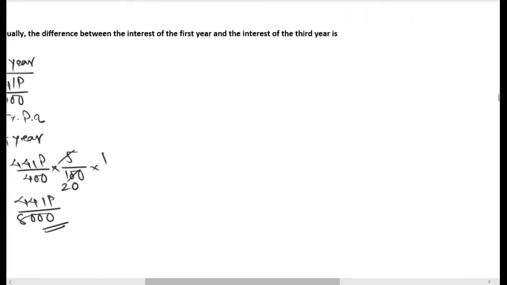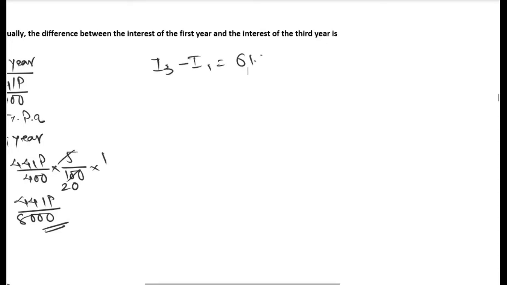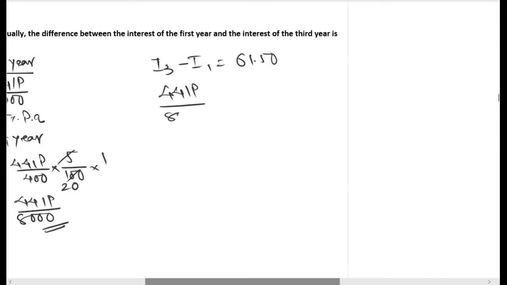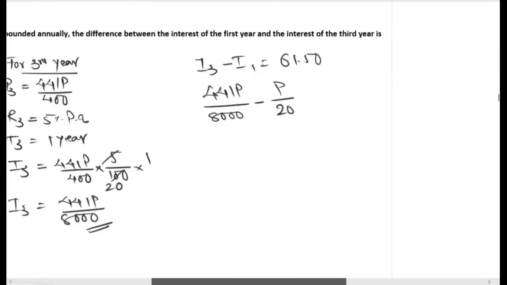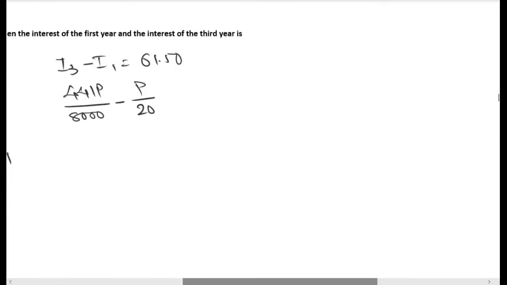So the final thing will be I3 minus I1 will be P by 20. Was it P by 20? Let's check. It was P by 20. Yes. Is equal to 61.50.